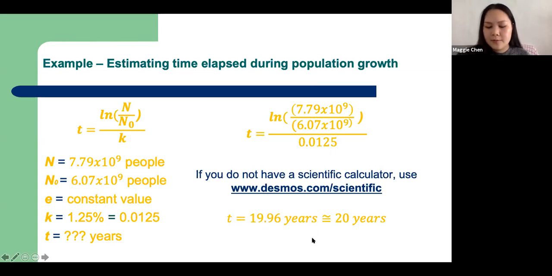And we can round up from here and say it's around 20 years, which we can confirm from our basic setup, which looked at our initial population size at 2010 to our future population size at 2030. And that was our 20-year period. So this is another equation that, when you rewrite it, you can find this variable, t.